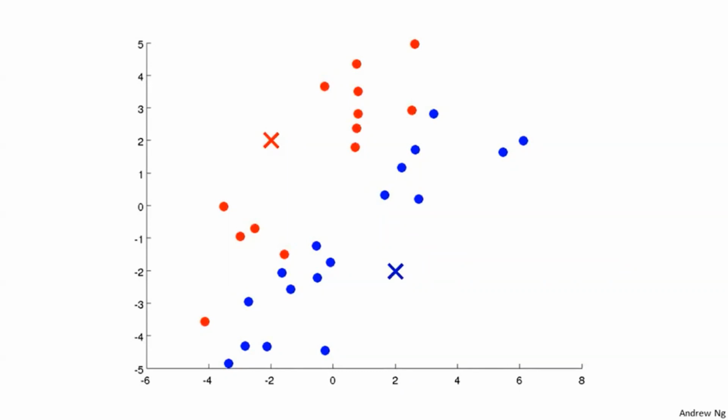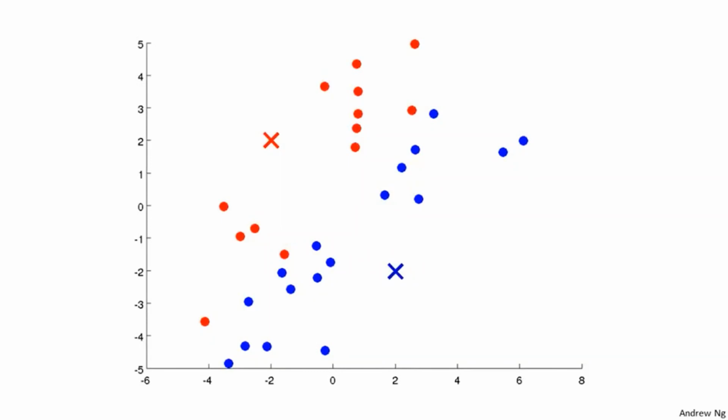The other part of k-means, the inner loop of k-means, is the move centroid step. And what we're going to do is take the two cluster centroids, that is the red cross and the blue cross, and move them to the average of the points colored the same color. So I'm going to look at all the red points and compute the average, that's really the mean of the location of all the red points, and move the red cluster centroid there.